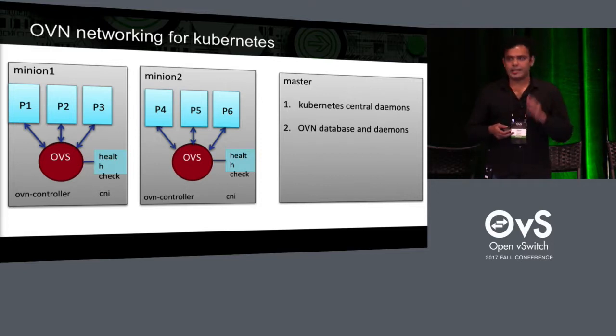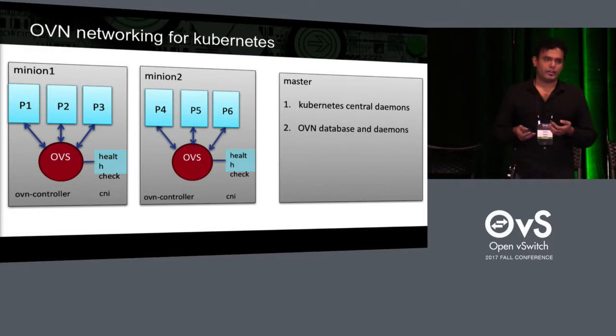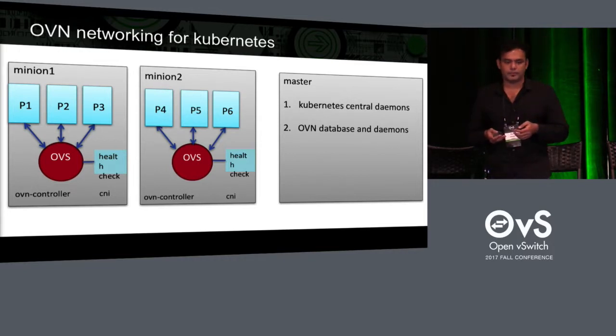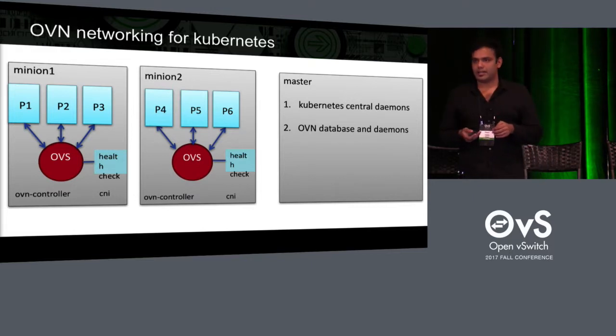Its job is to create the veth pair, attach it to the OVS bridge, and provide information to OVN's database for the network configuration. The OVN controller, in turn, on each host will program the OVS instance for connectivity. We also have one interface on each host which only does health checking, which is a Kubernetes requirement.